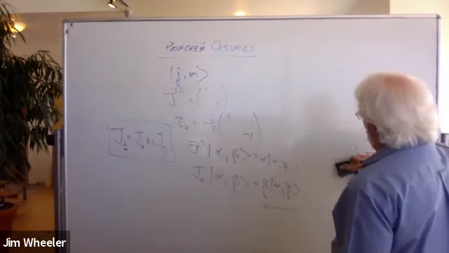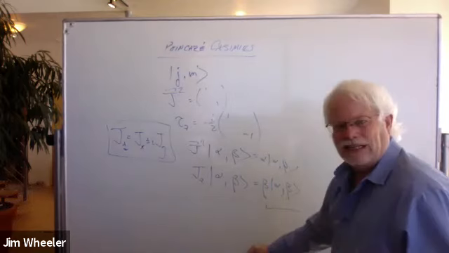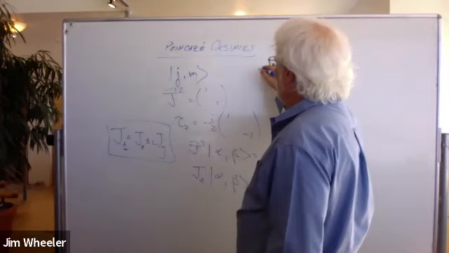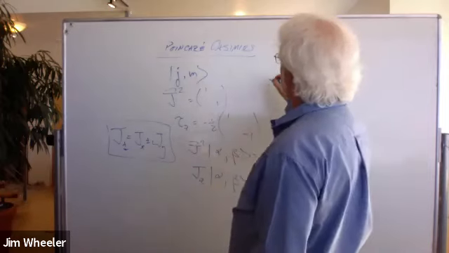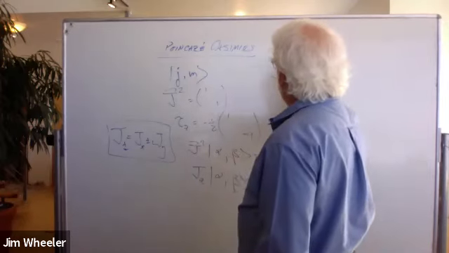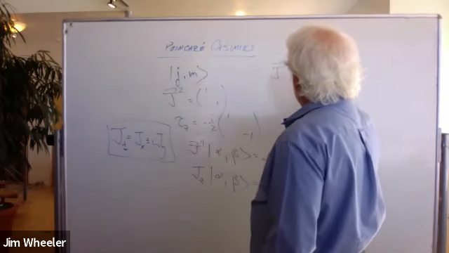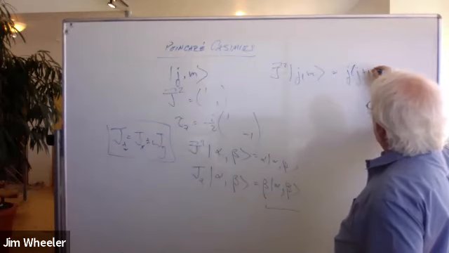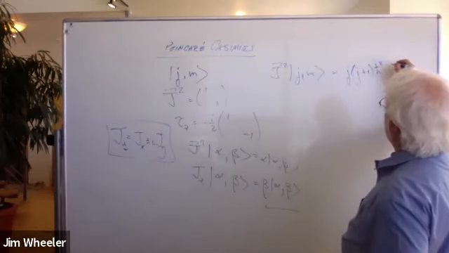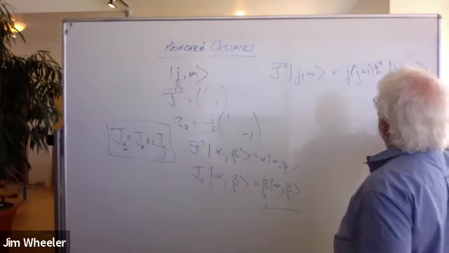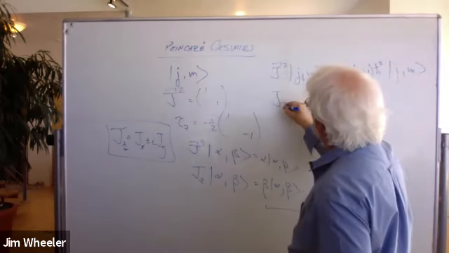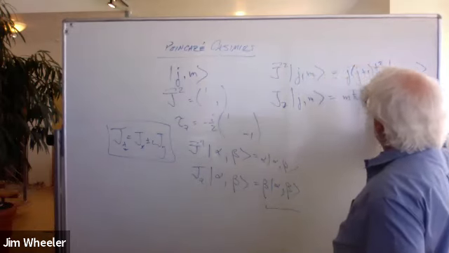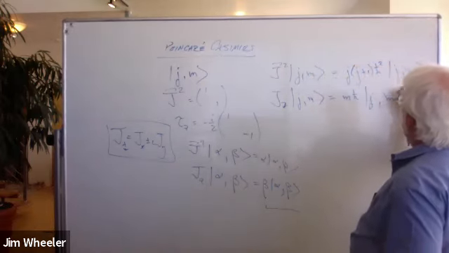By the time you prove that there are limited ranges on these variables and they take half-integer values, you show that J squared on a state we're labeling by jm gives j(j+1) h bar squared jm, and that Jz acting on a jm state gives m h bar jm.